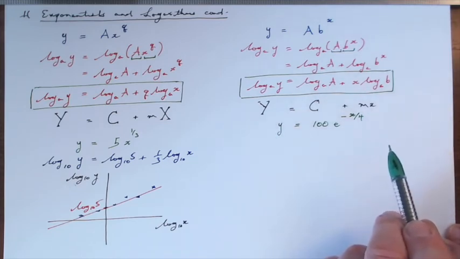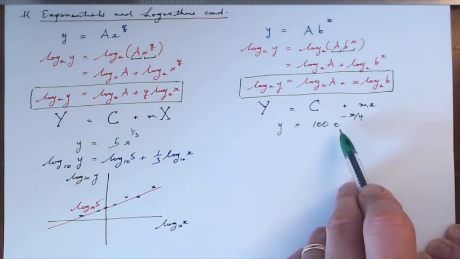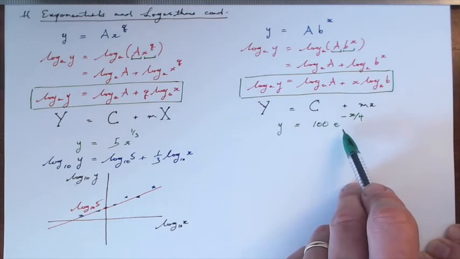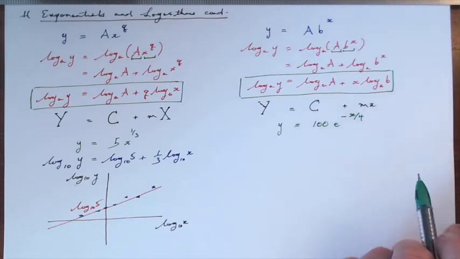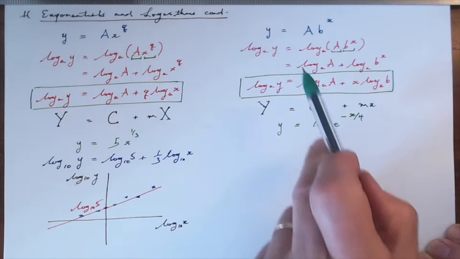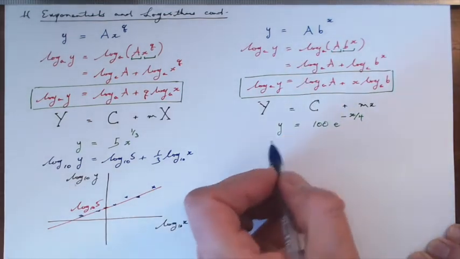Now, it turns out in science that we pretty much use natural logarithms most of the time, and we use e as the base of exponentials most of the time. So if you suspected that you had some kind of exponential behavior in your data, in using this technique, you would almost certainly take natural logarithms.